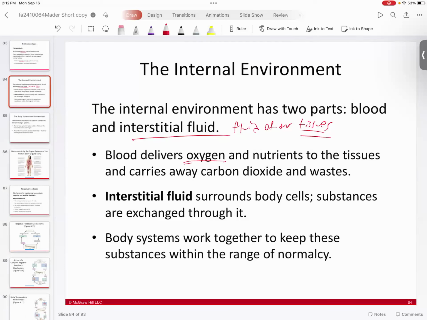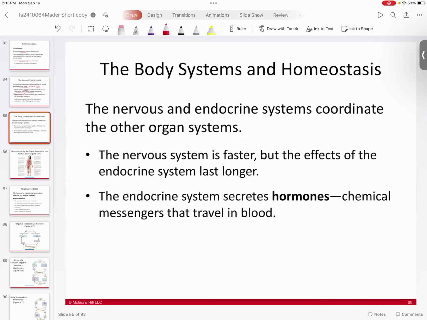You get oxygen and nutrients delivered to tissues, and you get carbon dioxide and waste being taken away. Generally it's the interstitial fluid that surrounds body cells that exchanges with your blood back and forth. That keeps a steady homeostasis of oxygen and nutrients for your cells, and also ensures that the trash doesn't build up.